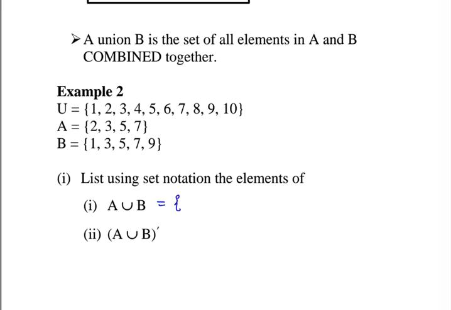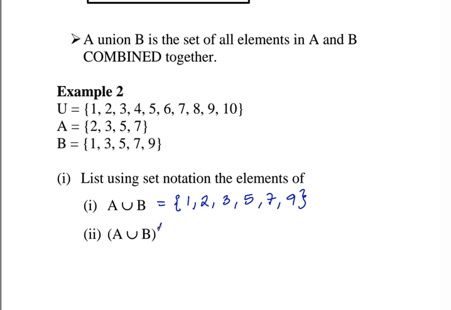So I need to list all the elements in A and B put together. So it's 1, 2, 3, 5, 7, and 9. All the elements in A and B together; if I list them, I'm listing the elements of A union B.